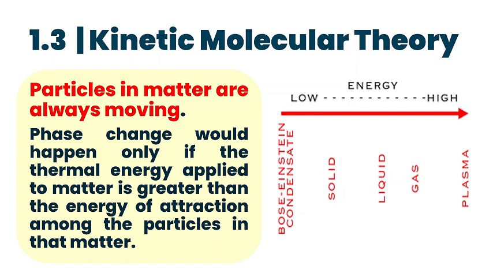It means that this state of matter, among the 5 mentioned, has the lowest energy. Next to that is solid. That means solid has higher energy compared to BEC. And then liquid comes next, and then gas comes next. And among the 5 states of matter, plasma has the highest energy.